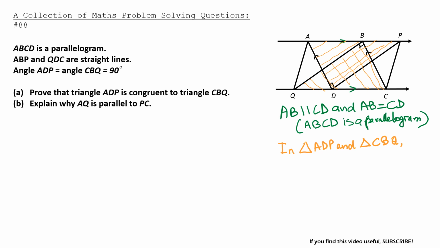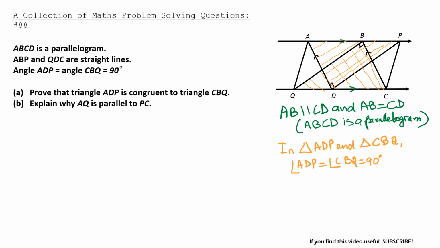I've written it down. And then we look at these two triangles specifically now and see how we can prove them. So what we do is, now angle ADP equals 90 degrees, that's given, equals angle CBQ.